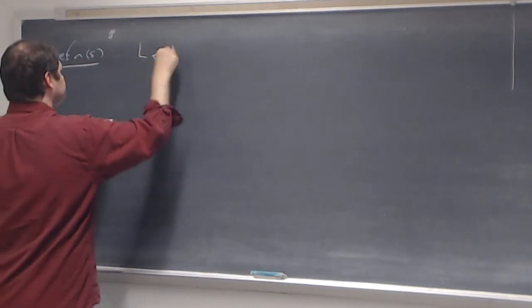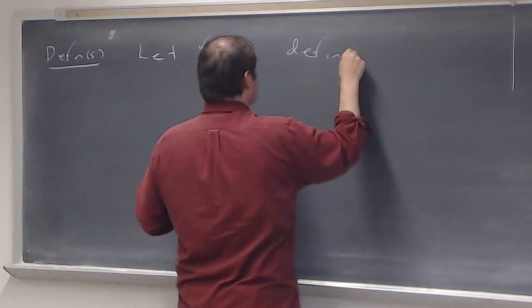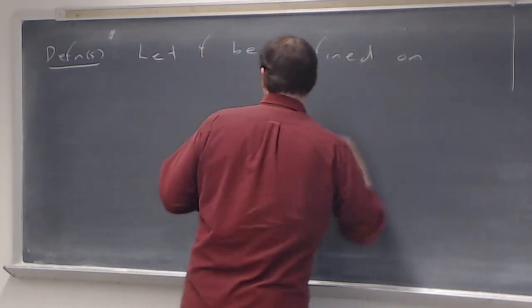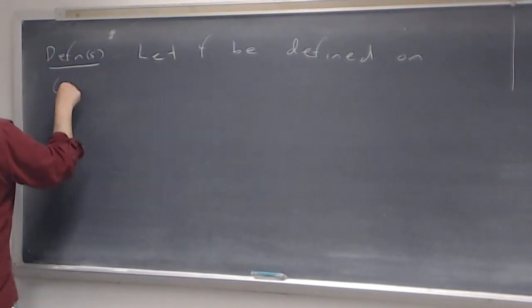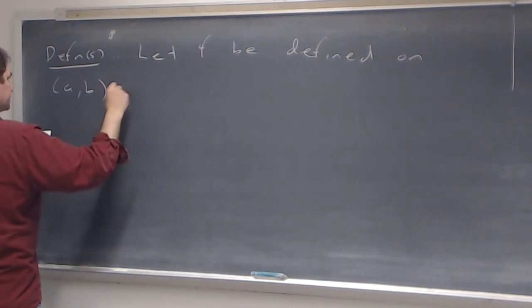We're going to let f be defined on a to b, so this is a real valued function here.